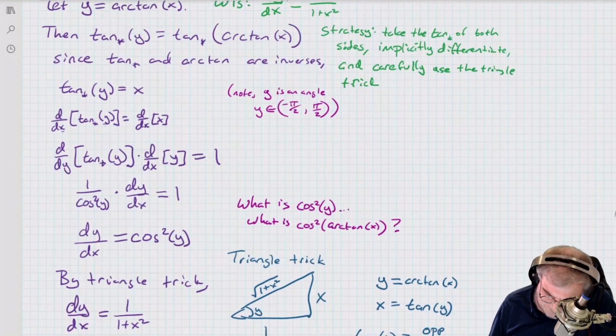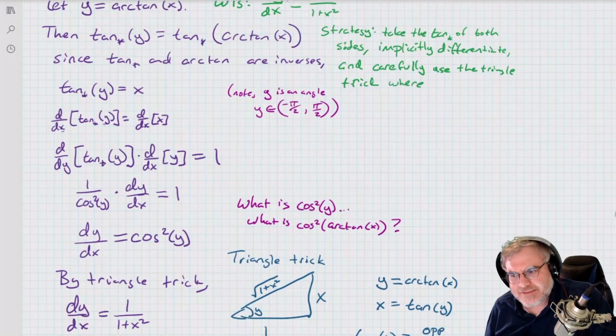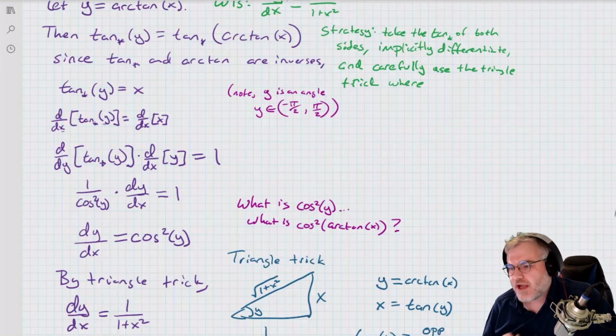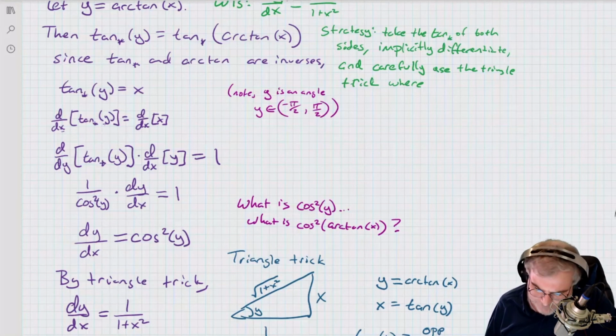And now I'm actually going to say it, because it's important. In my introduction, I need to remember that what I'm doing is using the triangle trick on x equals tan y, because that was really my starting point.